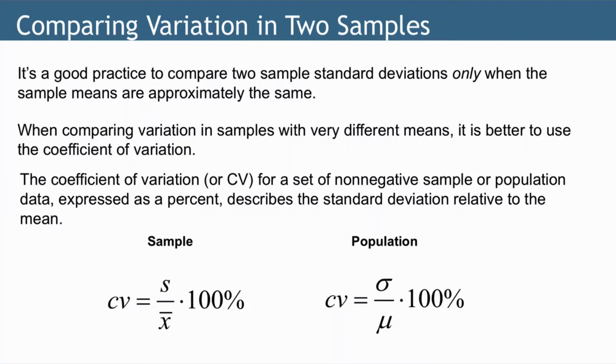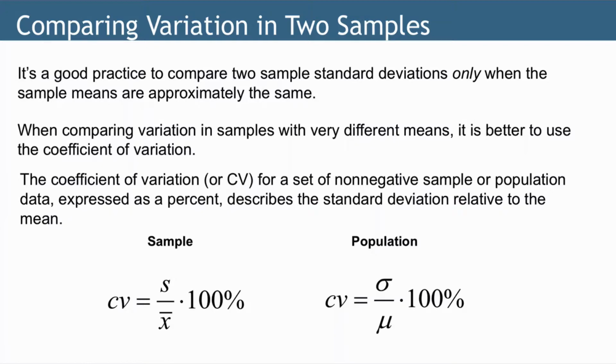Because if I'm talking about values that are centered around 5, a standard deviation of 10 is kind of a big deal, right? But if I'm talking about values that are centered around 1,000 and there's a standard deviation of 10, moving 10 up and down from 1,000, not so much a big deal, right?